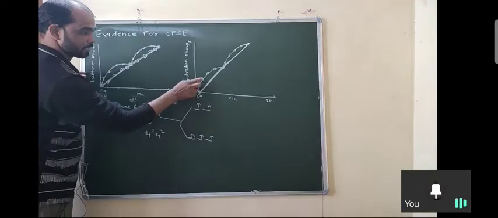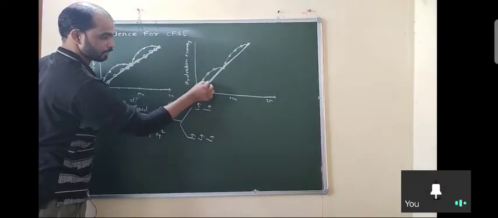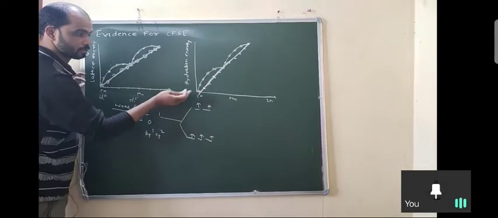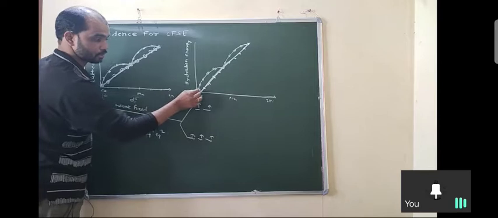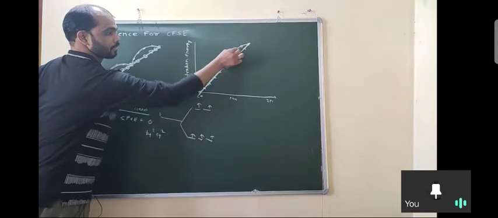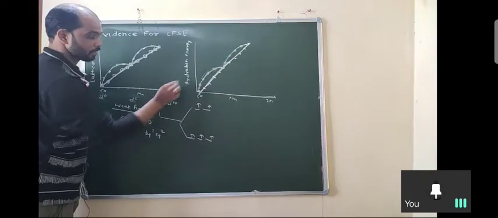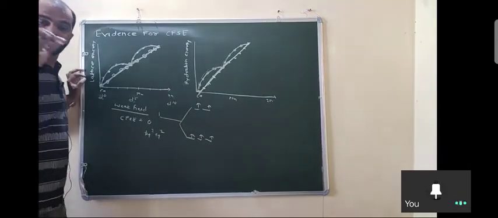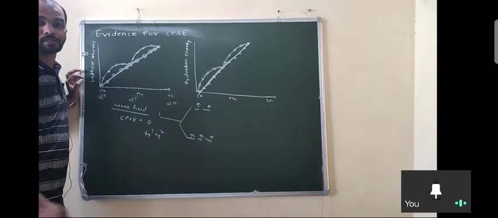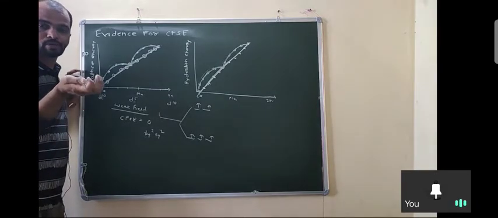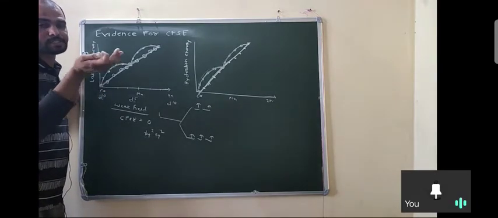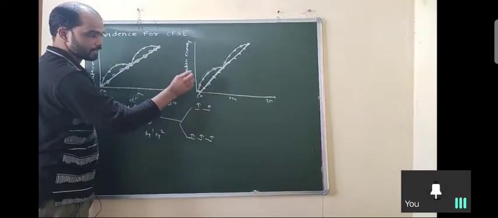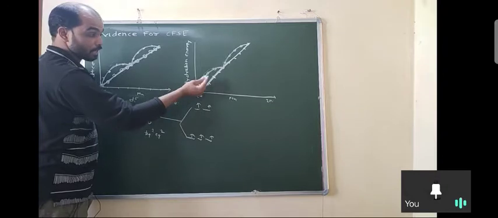The points are here. We expect them at this point, at this point, but experimentally what is the observation? The point comes here. Why does this happen? In addition to hydration energy, there is the introduction of CFSE. That's why the value slightly increases, and when the value increases, the points are plotted above the straight line.